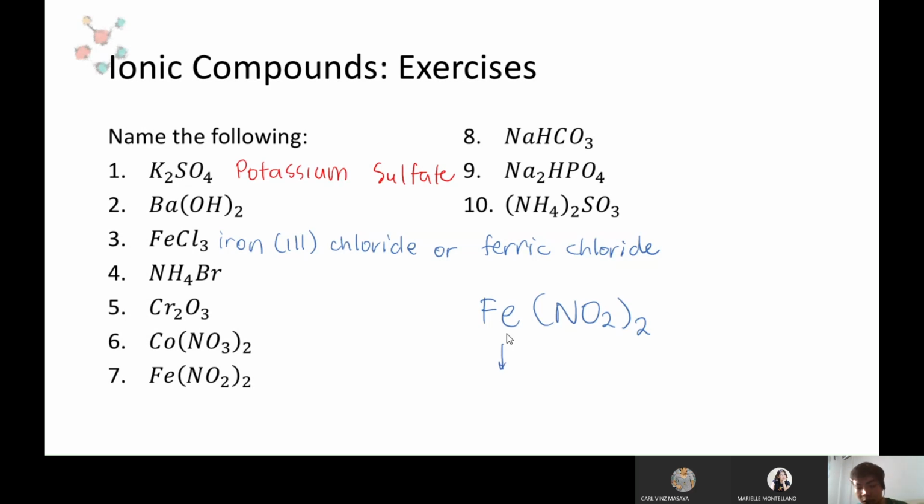Ano kaya yung charge ng cation na yan? Tignan natin. Yung 2 na subscript ng polyatomic anion, saan galing yon? Sa Fe. Remember, yung subscript nito, galing siya sa charge ng kabila, diba?